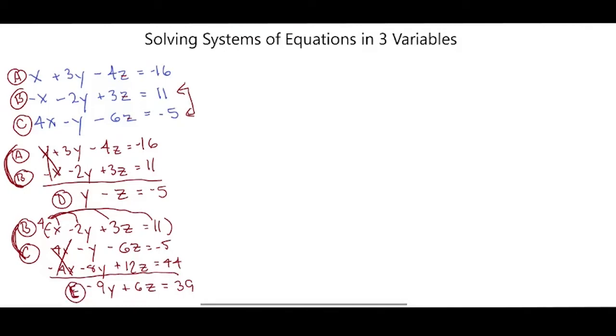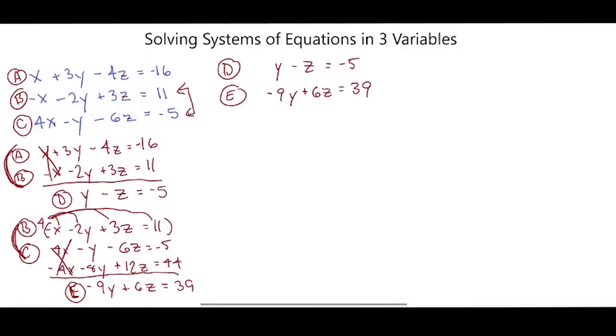Well, up here, I'm going to write equation D and E. All right, so that's y minus z equals negative 5 and negative 9y plus 6z equals 39.